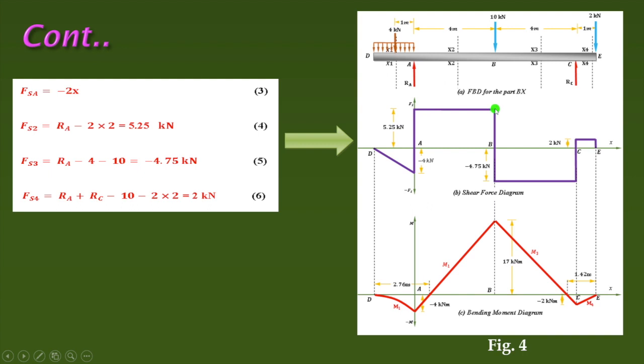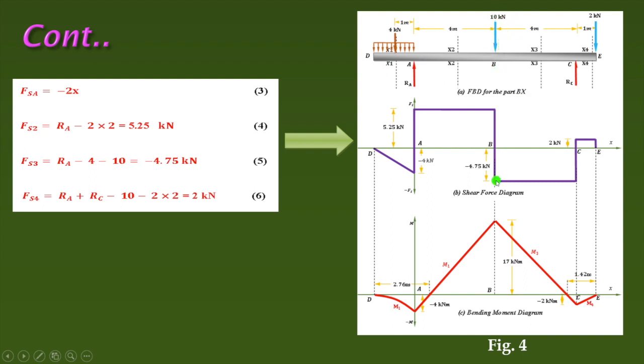And then again, a change, because another point load appeared there. Due to this point load, a certain change is there. So the value is changing from 5.25 to minus 4.75. This change is due to this concentrated load.